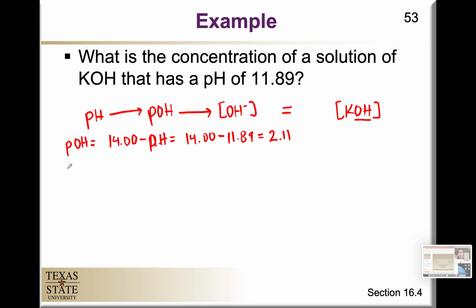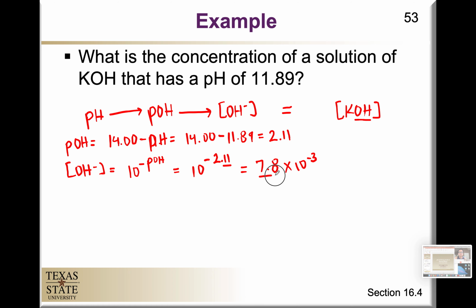From there, the next step is to find the hydroxide ion concentration, which we know that we can calculate by taking 10 to the minus pOH, and that's equal to 10 to the minus 2.11. Of course, once we do this in the calculator, we end up with 7.8 times 10 to the minus 3. Notice that we had two decimal places on the pH, or pOH in this case.